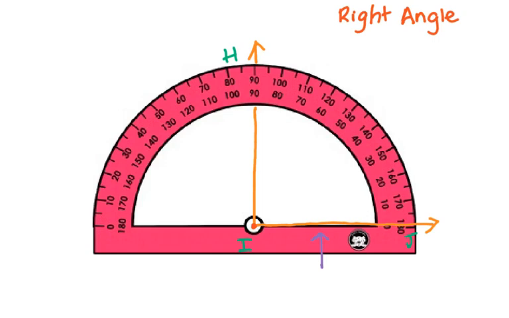And by looking at arm H, which is this arm right here, I notice it falls right across the 90 degree mark. So I know angle H, I, J equals 90 degrees. So therefore, yes, it is a right angle.